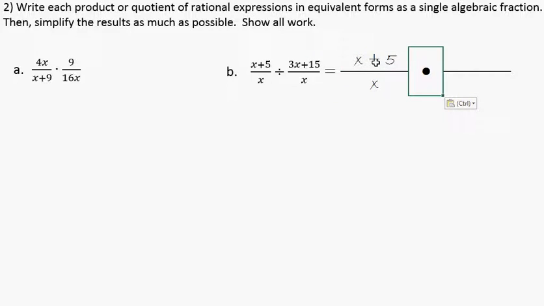So I change it to multiplication, and when I take the reciprocal, I put the denominator in the numerator. So I'll take that x and put it in the numerator, and I will take the 3x plus 5 and put it in the denominator. I'm sorry, 3x plus 15.